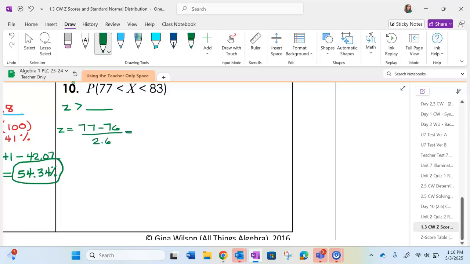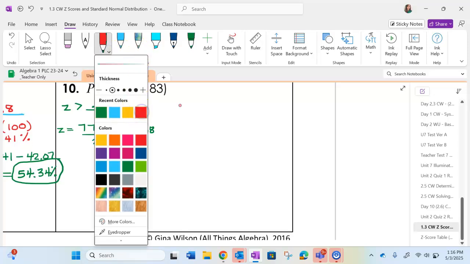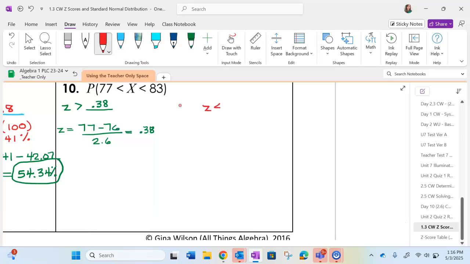And let's see what you get. 77 minus 76 divided by 2.6 gives you 0.38. All right, that's our first one, 0.38. All right, I'm going to do it in a different color for the other side. All right, over here, it's z is going to be less than something. We don't know yet, but we need to find it.